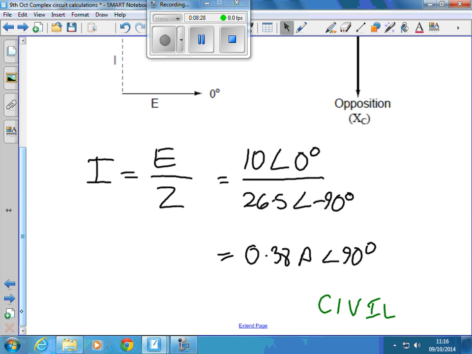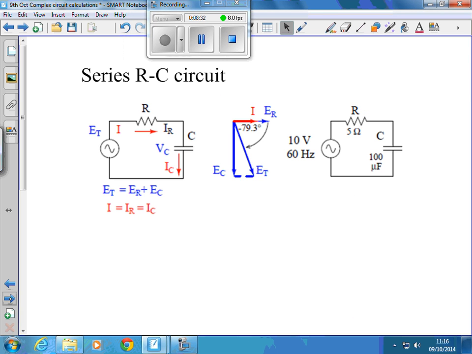So we've got these two components that are opposite of each other. If we then introduce a series circuit of capacitor and resistor, we know that the impedance of this XC is 26.5 ohms, what we just calculated, didn't we?